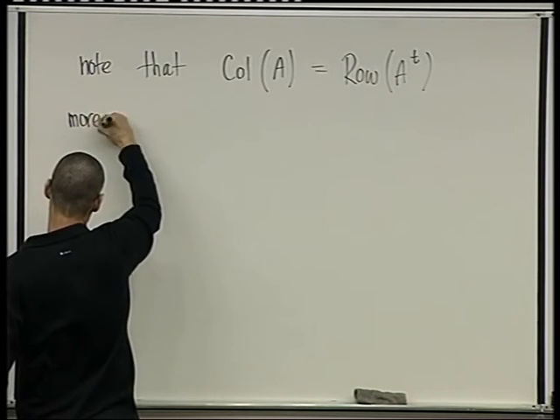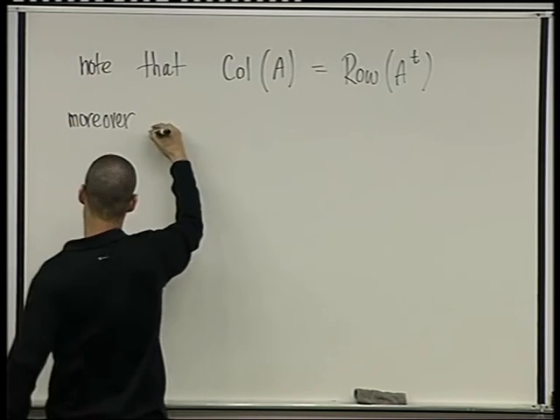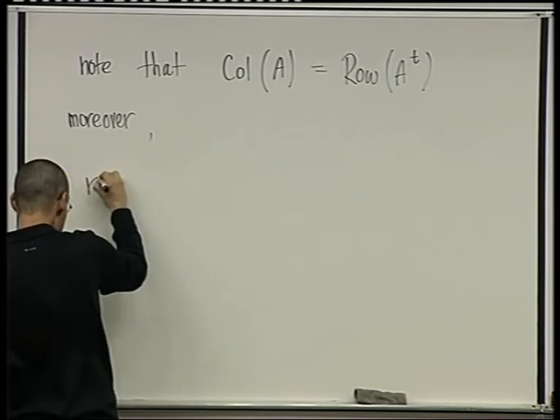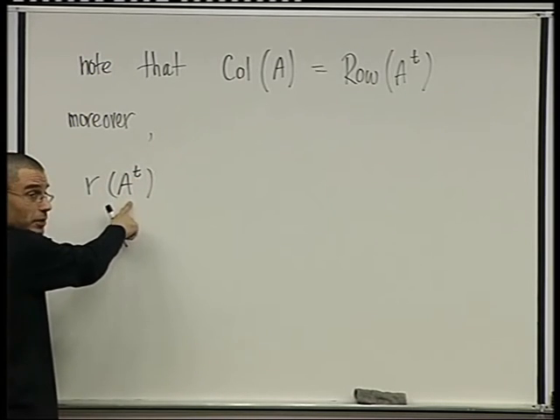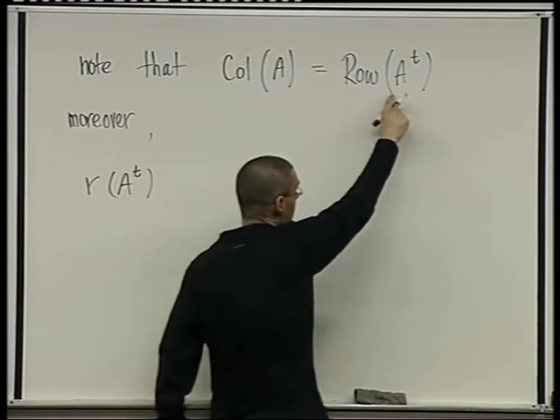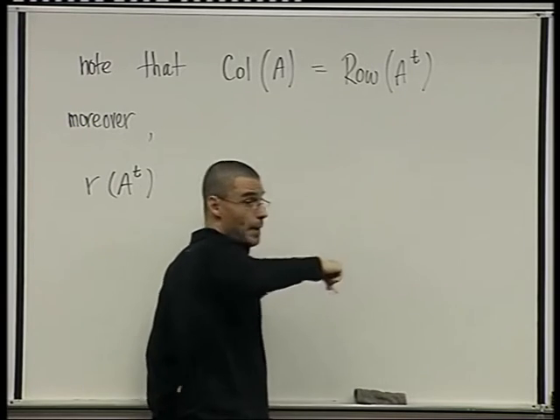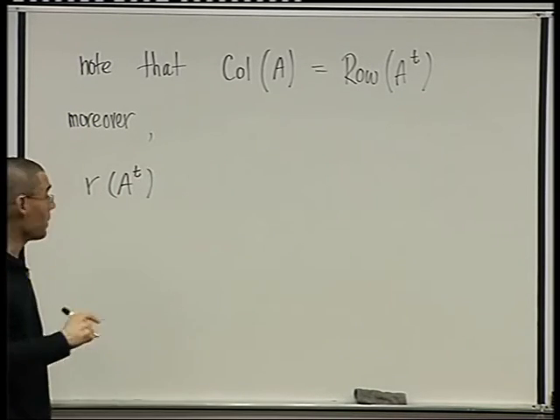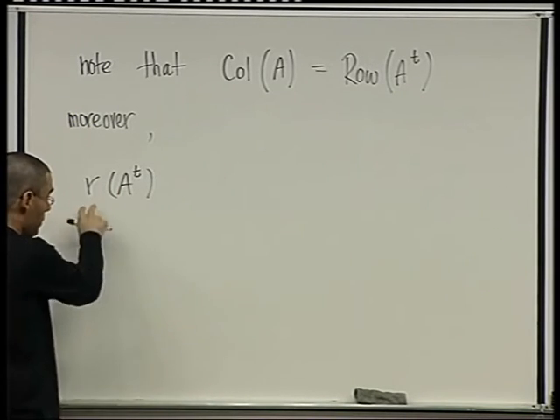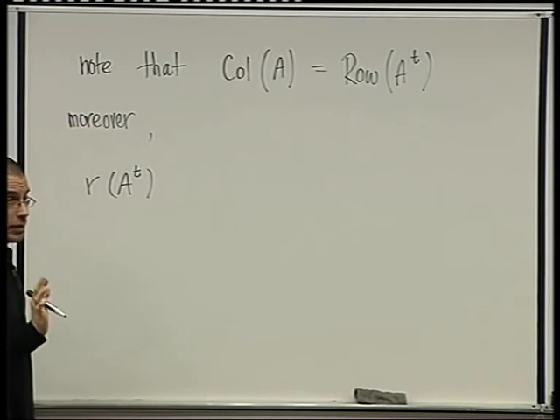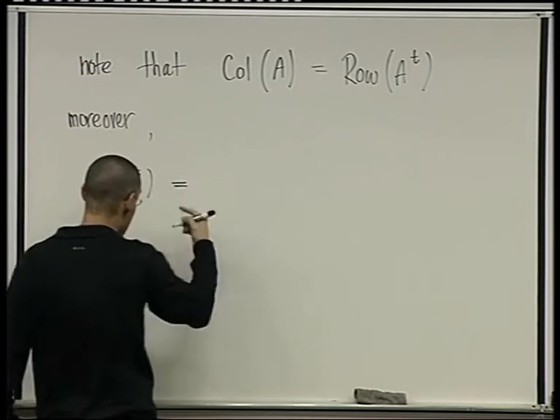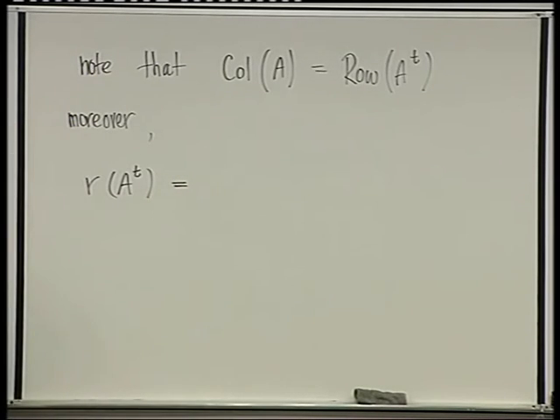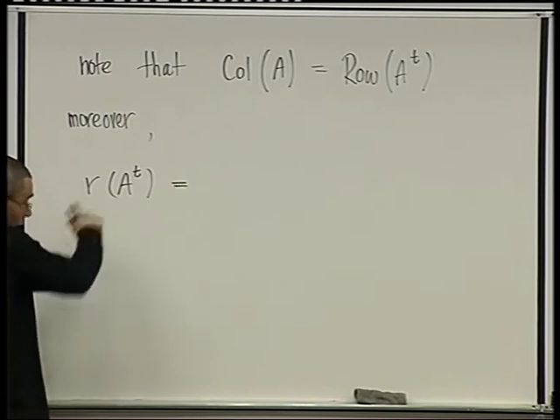Moreover, the rank of A transpose, which is the rank of A transpose by rows, the regular good old rank. I'm not going to use a different notation for two different things, but not the rank of A.